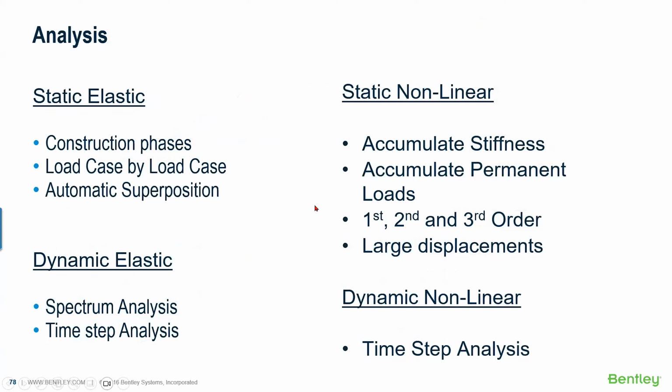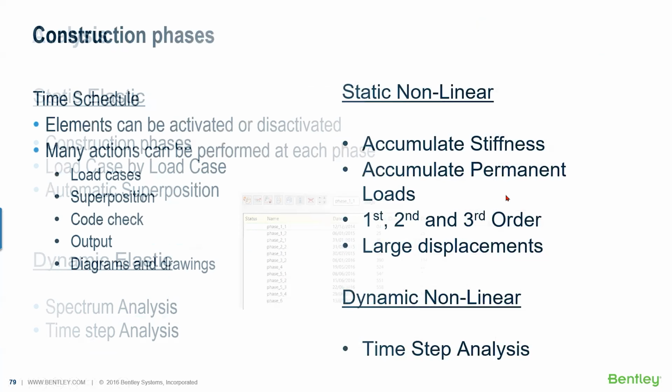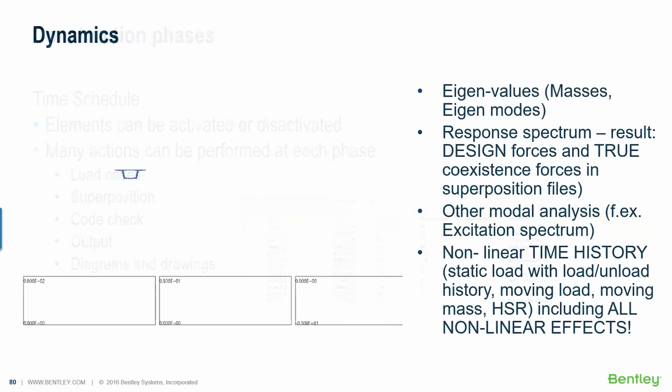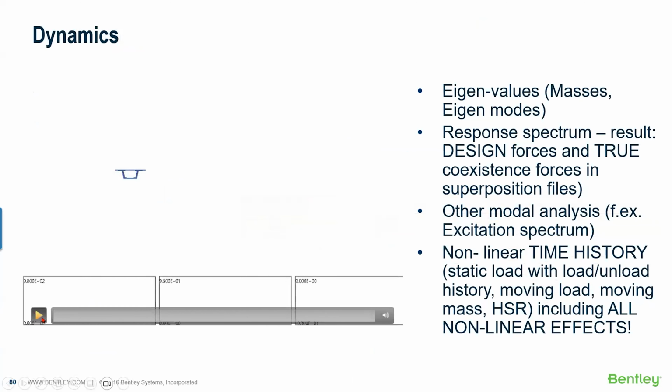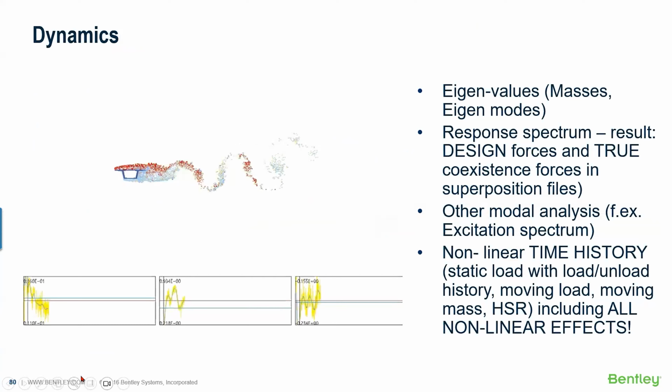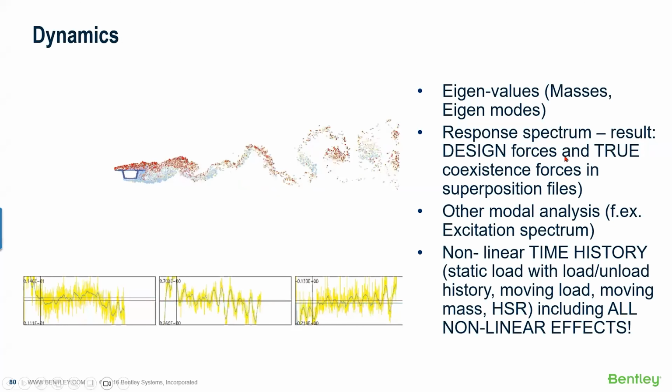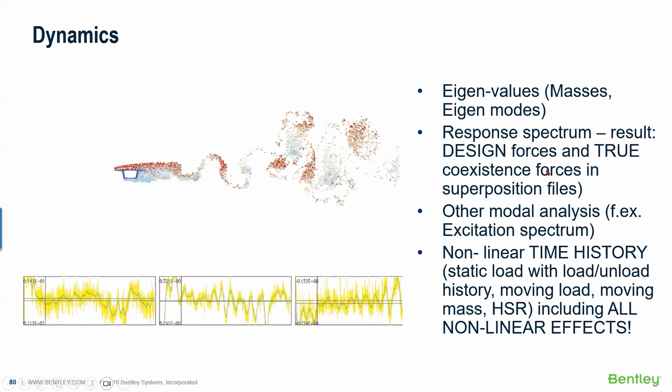For the analysis, we have static elastic, dynamic elastic, static nonlinear, and dynamic nonlinear also. Construction phases where we can activate step by step. In dynamics, we can have either eigenvalues, but mainly response spectrum analysis, other modal analysis, or also time history analysis.